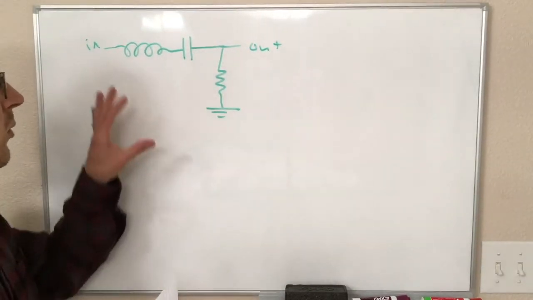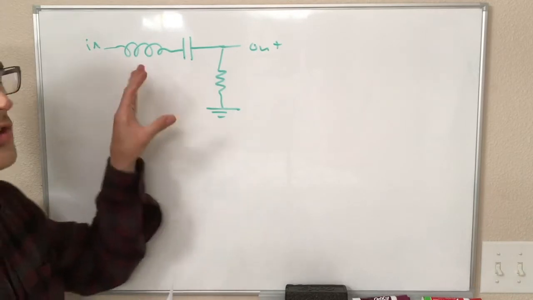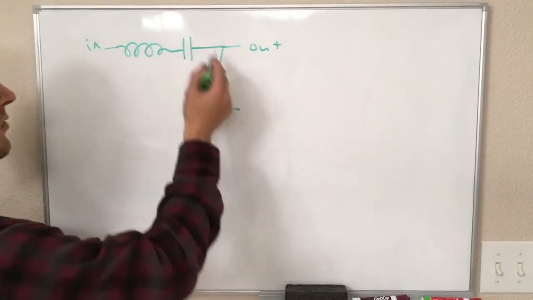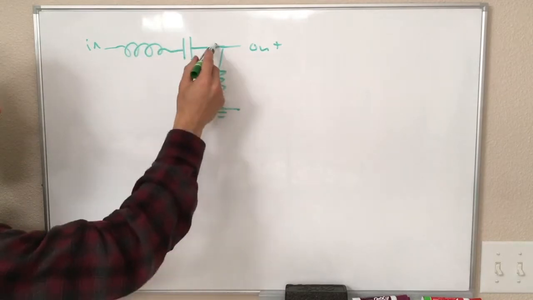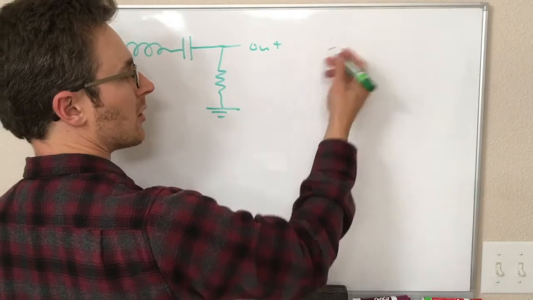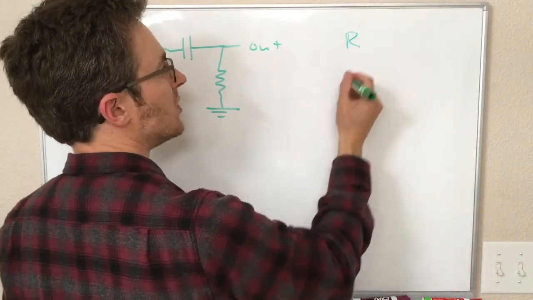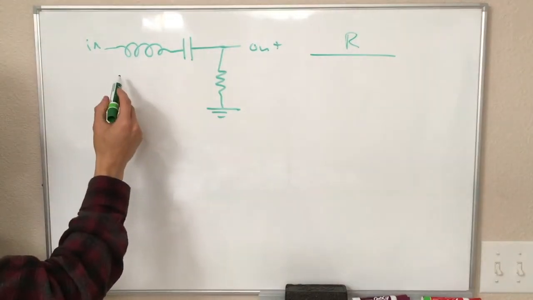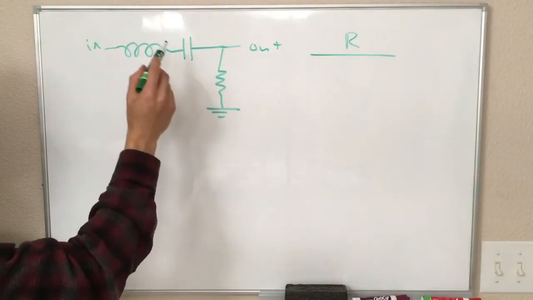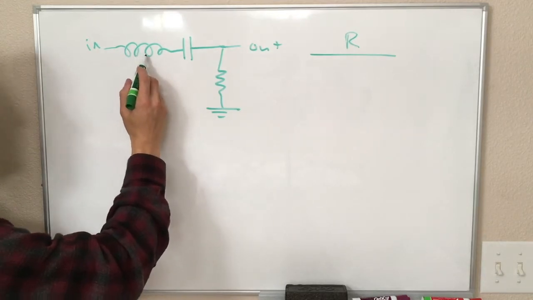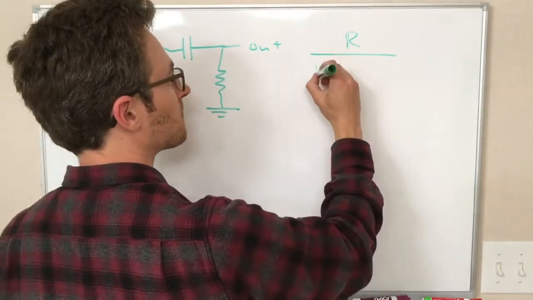Okay, so again, without actually analyzing this or writing down the equations, we can kind of guess at what's going on in here, right? So we're measuring across this output, and that means in the numerator of our voltage divider equation, we just have an R. In the denominator of this equation, we have the total impedance, that is R plus the impedance of the inductor plus the impedance of the capacitor.